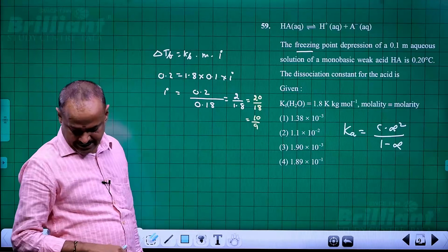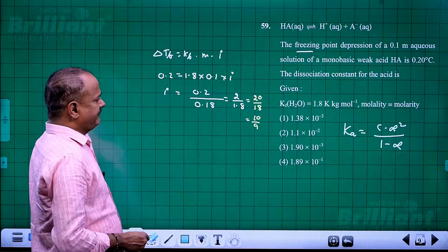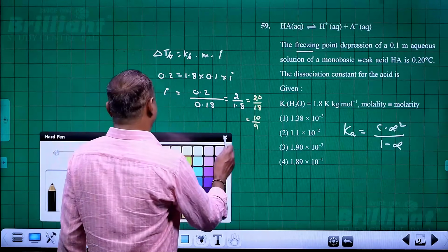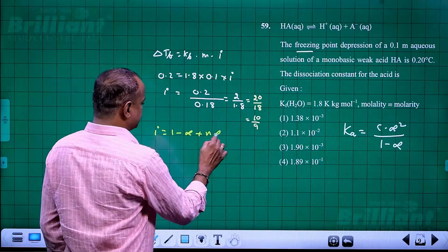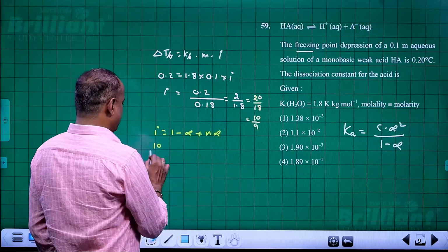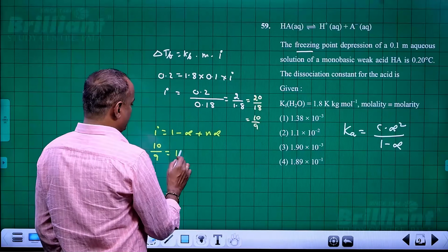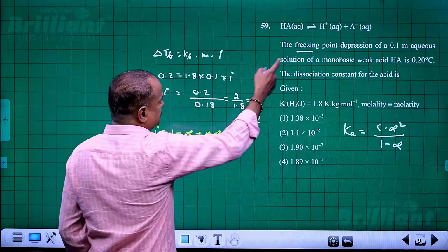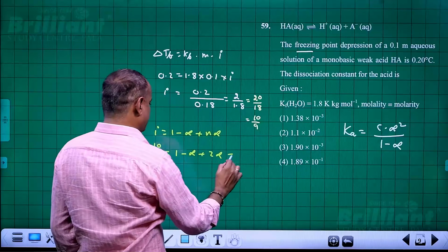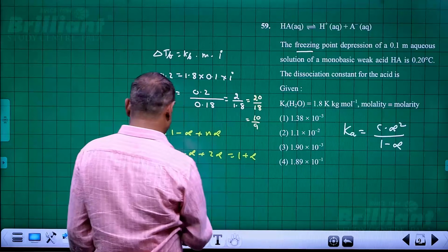10 by 9. Okay, the i factor. Next, dissociation i factor: i = 1 minus alpha plus n alpha. 10 by 9 is equal to 1 minus alpha plus 2 alpha, because 2 particles. 1 plus alpha.